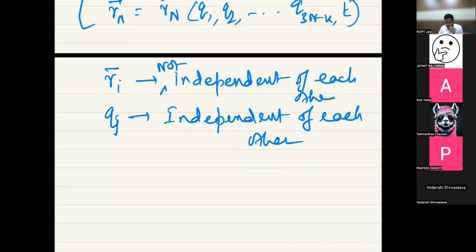Can you guys tell why I'm making this statement? That the ri, these position vectors, are not independent of each other, but the qj, which are the generalized coordinates, are independent of each other.